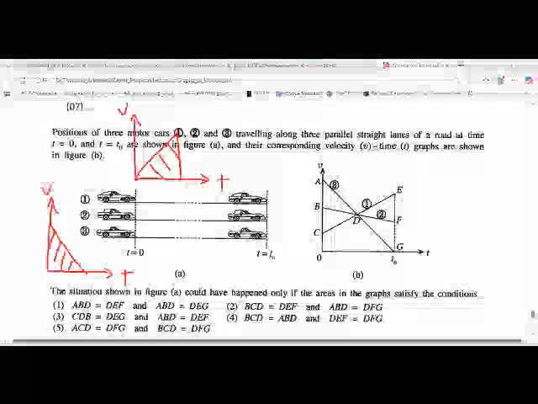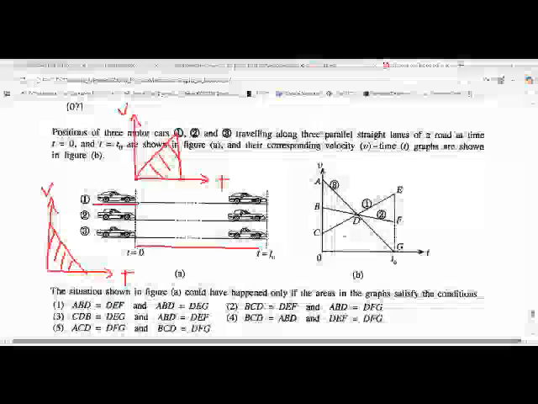Then if these displacements are equal, the graph areas should be equal. What's the area represented by the first car's motion?